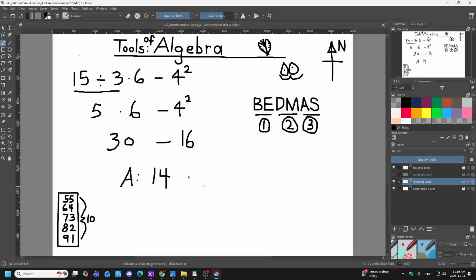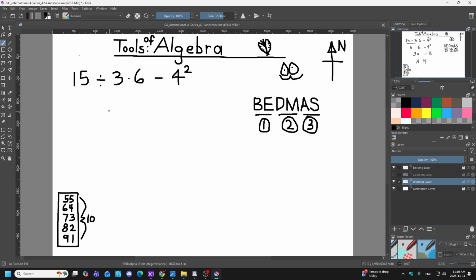Now, going back. Let's say I decided to do this instead: 15 divided by 3 times 6, which is 18. As you can see, we end up with a fraction.